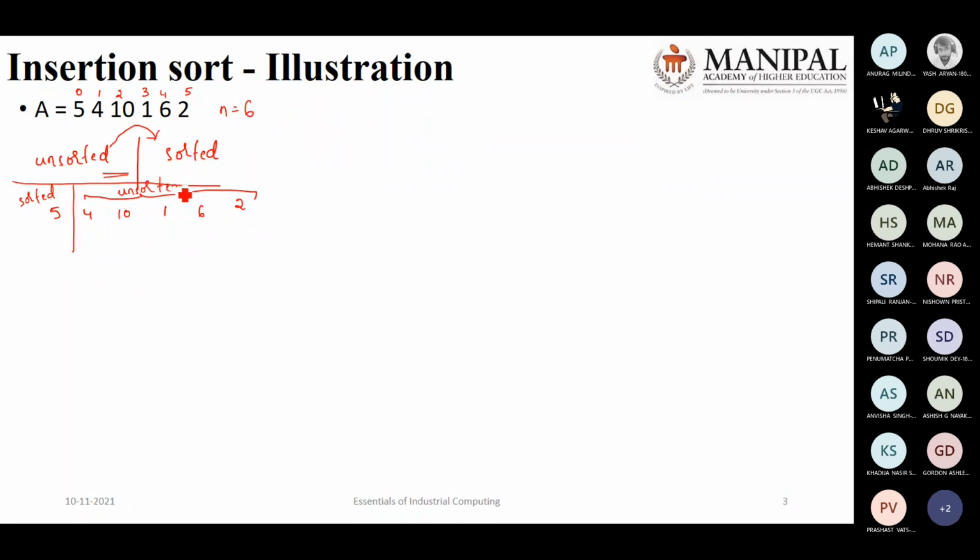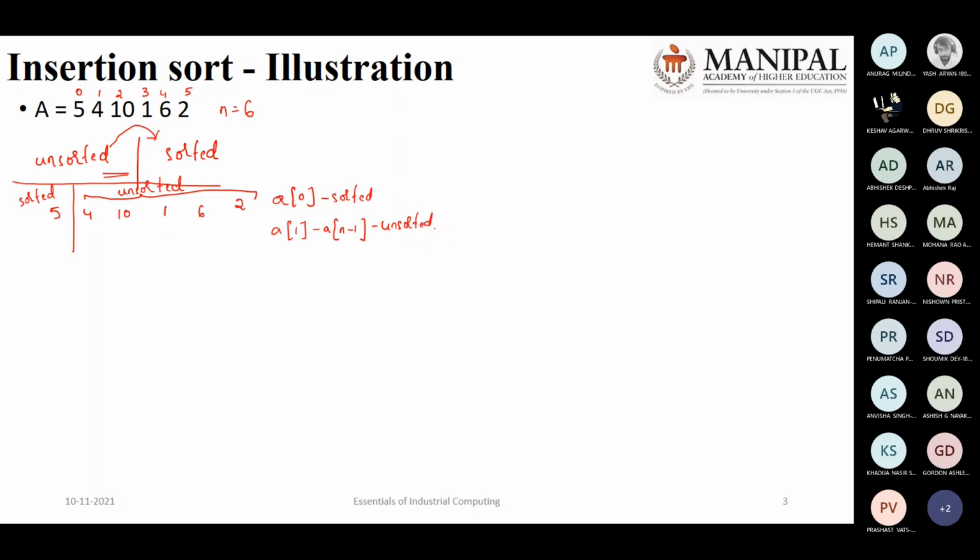Initial assumption is that a of 0 is sorted, and a of 1 to a of n minus 1 is unsorted. That is the first assumption.